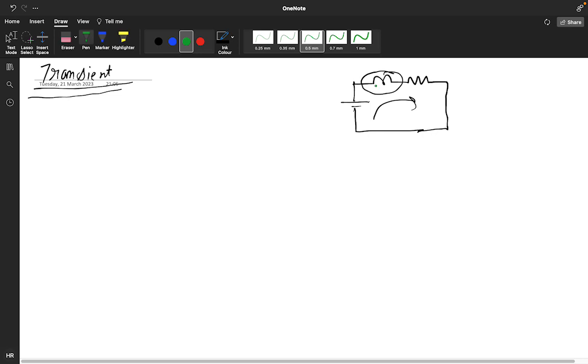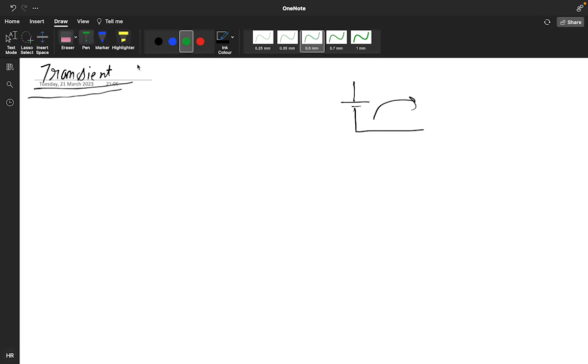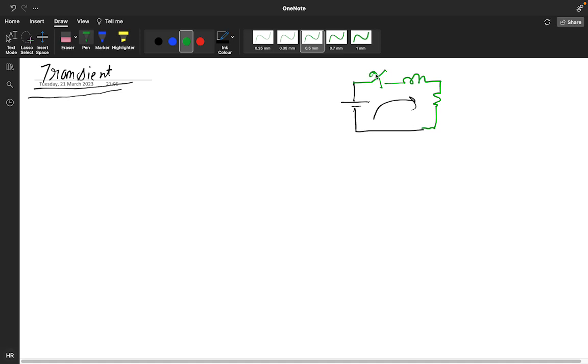Suppose you have a switch like this, and a supply like this. The switch was open for a long time. At some particular instant of time this switch gets closed. So due to this effect, a transient is occurring.